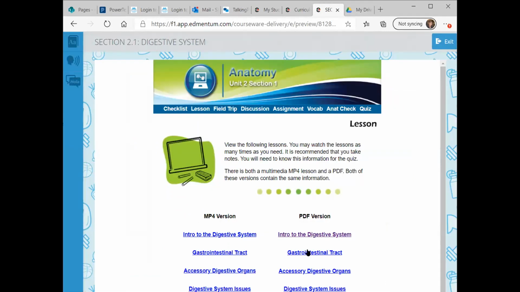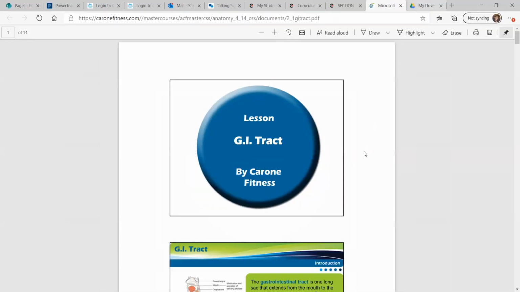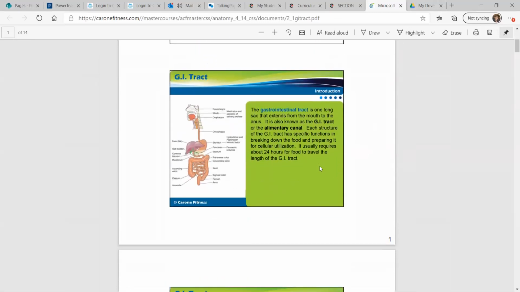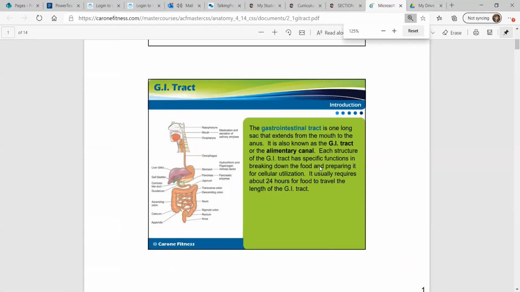That was the intro. And then this one, we'll look at the GI tract on its own. Let's zoom in first. The GI tract is one long sac, remember from what we discussed earlier. Just one long sac from mouth to the anus.